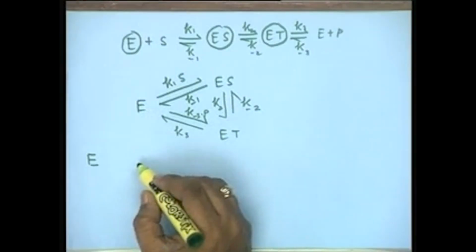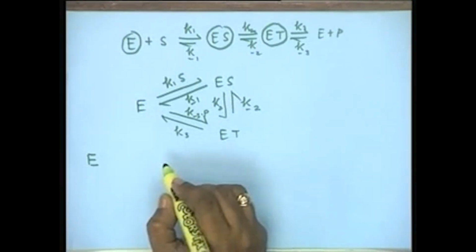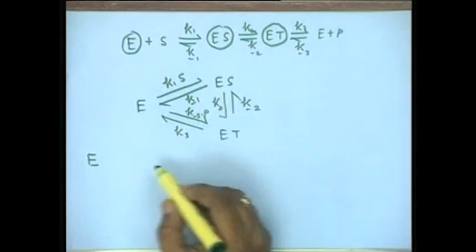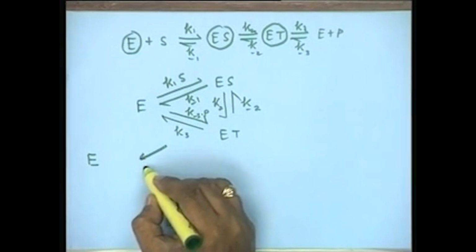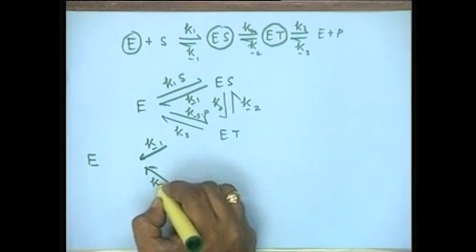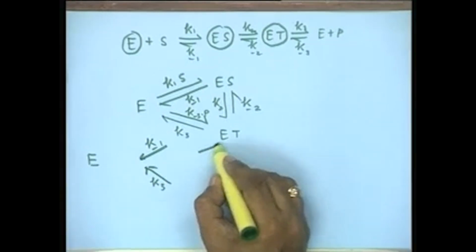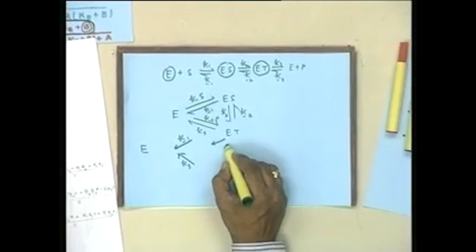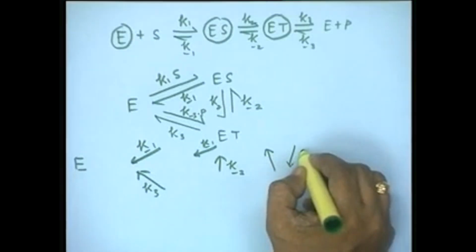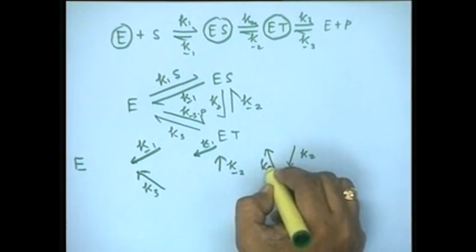Now, in this case you will consider the three patterns that will be applicable. Because all these steps are reversible, there will be three patterns, and you will notice that you have k minus 1 and k 3, you have k minus 1, k minus 2, and also k 2, k 3.